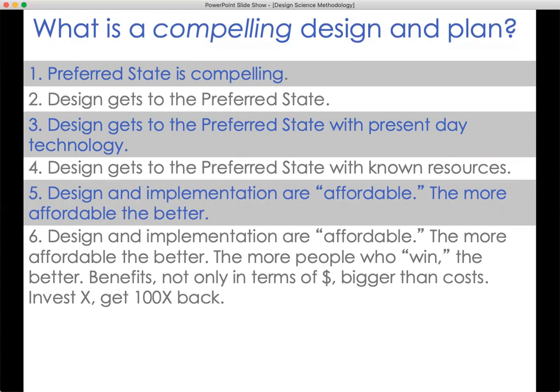For example, if they pass a law that everybody has to wear seatbelts in their car, well, if it's going to cost $1 billion to implement that program, and it only saves 2 lives, they're probably not going to do it. But if it saves 1 million lives, and the relative cost of implementing the program is very tiny compared to the savings in lives, then that program gets implemented.